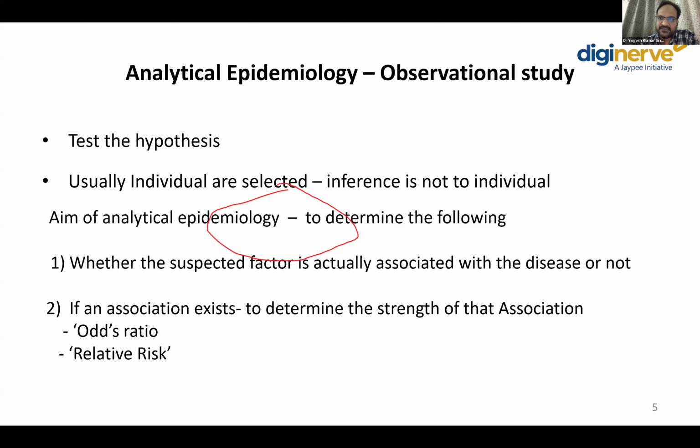It means if we established that there is a relation between the risk factor and the outcome, then how much is the strength of association between both the factors and the outcome? So we try to find out the strength of association by using odds ratio in case control and relative risk in the cohort study. We will discuss it in later slides.